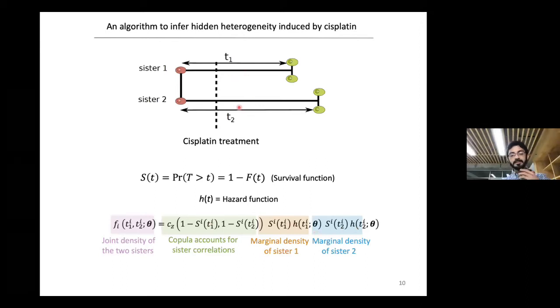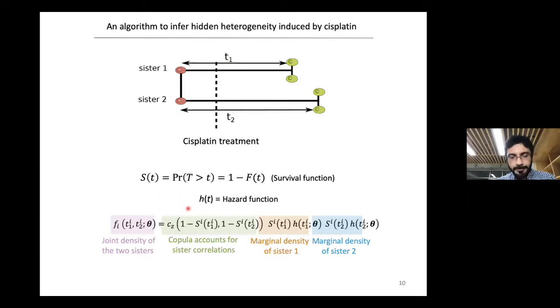In fact, it turns out that this is a completely general result. You can write down any arbitrary joint density function as the product of a copula and the marginal densities. So this allows you to separate the correlation structure from the marginal densities.